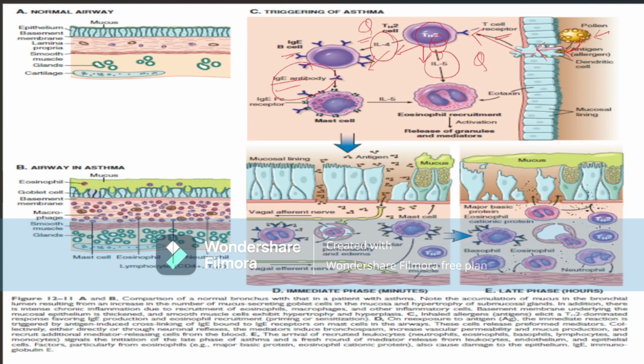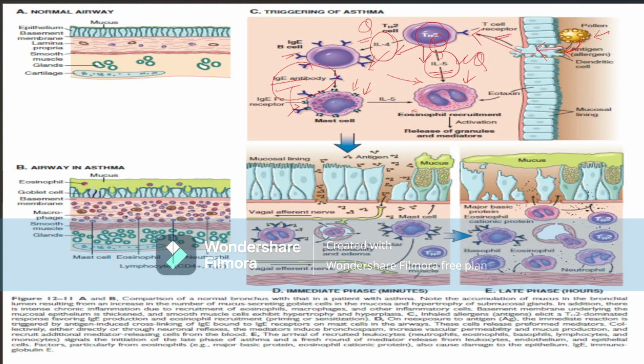This IgE antibody then attaches to the macrophage and the mast cell gets activated, and interleukin 5, released by the Th2 cell, calls the eosinophil to come into the respiratory epithelium. So there is an activated macrophage and also a huge amount of eosinophil present in the epithelium.